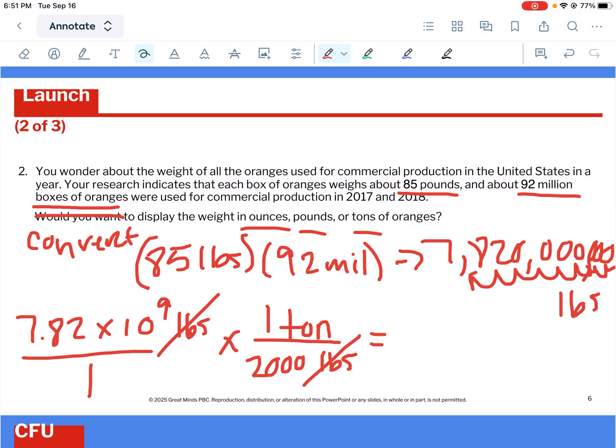On the side somewhere, write 2,000 in scientific notation. I'm going to give it to you though. That is 2 times 10 to the 3rd power. Here's how you're going to do this. You're going to do 7.82 divided by 2. In my calculator, that will give us 3.91.